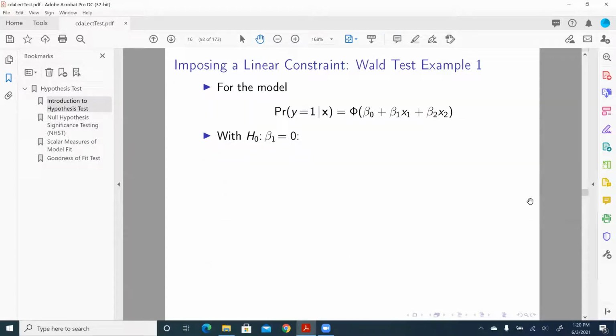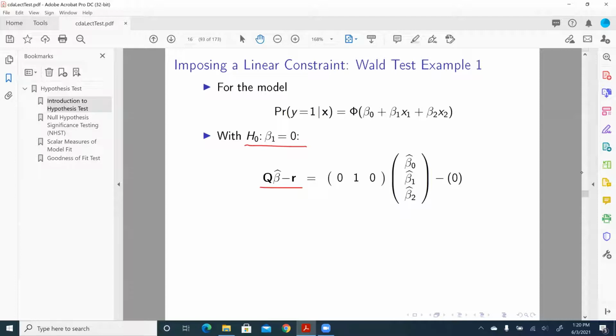So for example, here I'm giving you an example. We have this model, right? We have a probit model. This is the Φ function, basically an integral. And we have y, let's say the binary response variable, and we have β0, β1, β2: two covariates and one intercept. Let's say for the hypothesis β1 equal to 0, what is Qβ̂ − R going to look like?